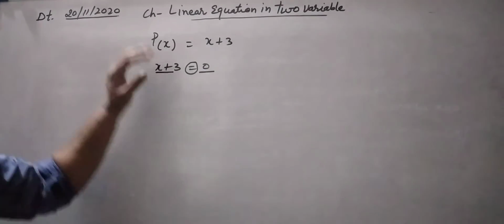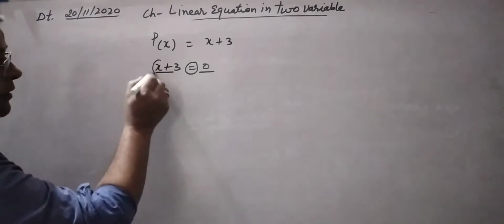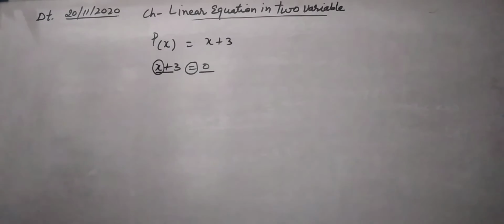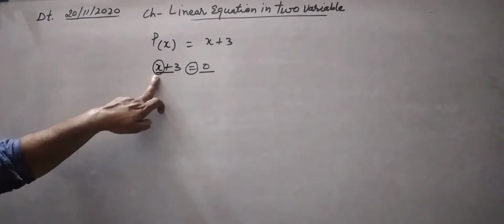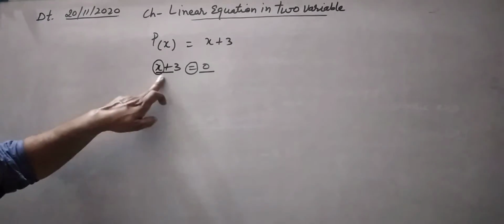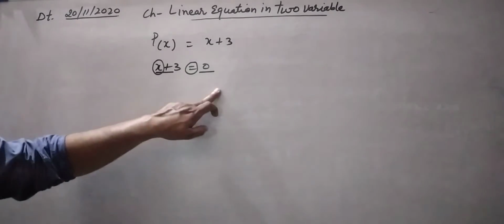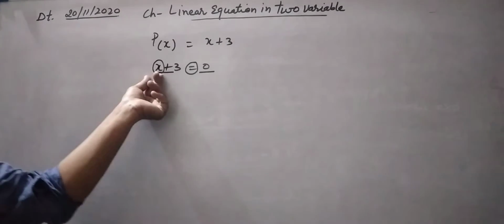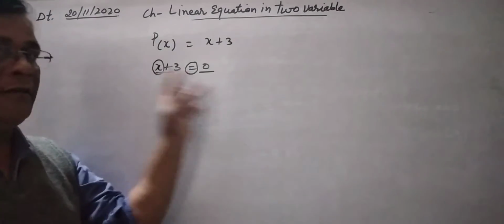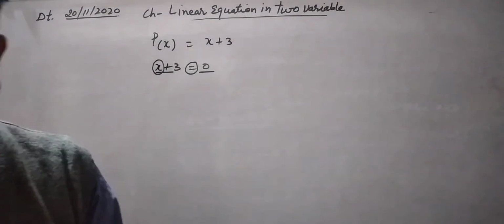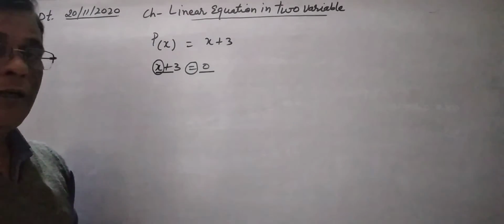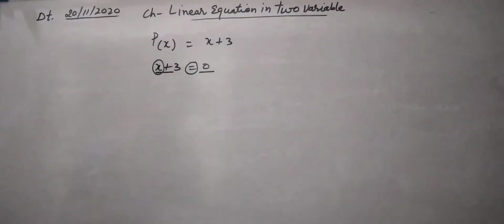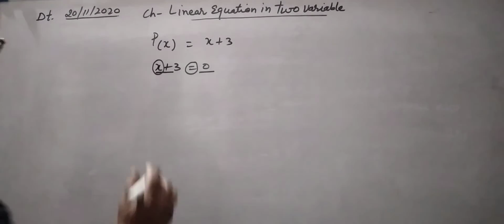We can find the value of x, and if we substitute this value here, both sides will get 0. That means it is satisfied with this value of x. This expression where we have involved an equal sign is called an equation. So first we write equation.